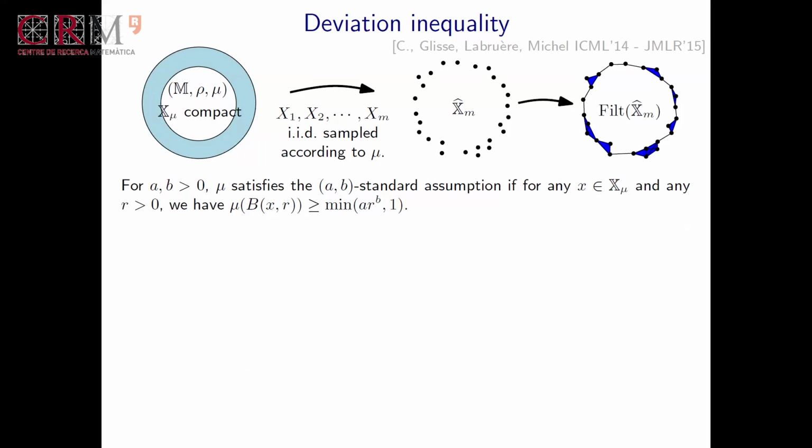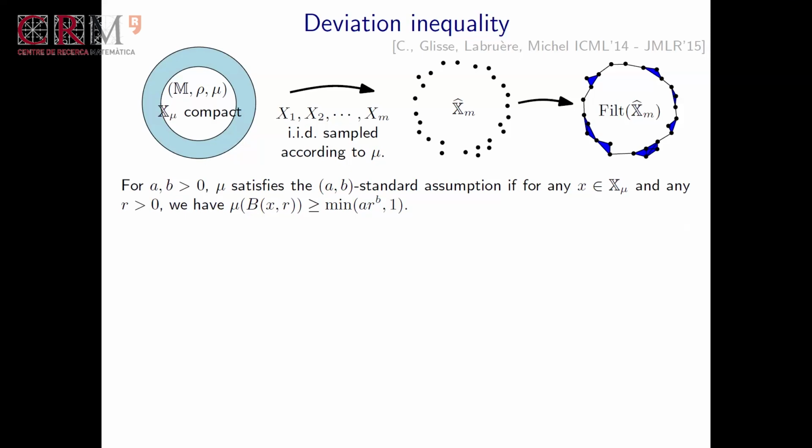And (a,b)-standard is the following: we assume that for any point x in the support of the measure, when you look at the probability of a ball of radius r, you look at this measure to grow at least polynomially as a times r to the b.